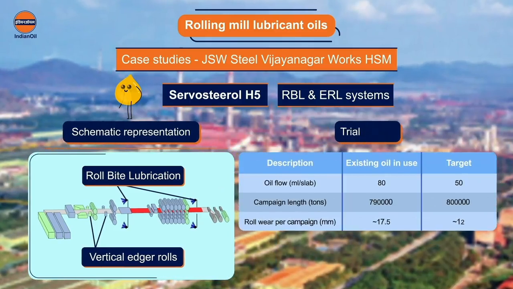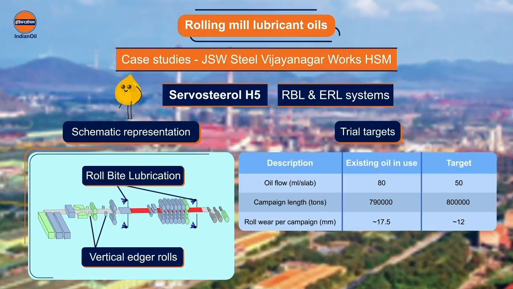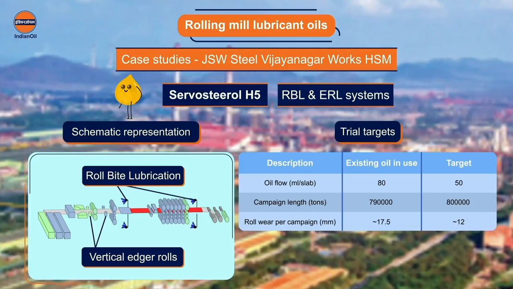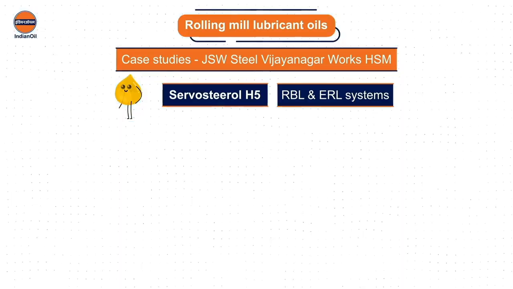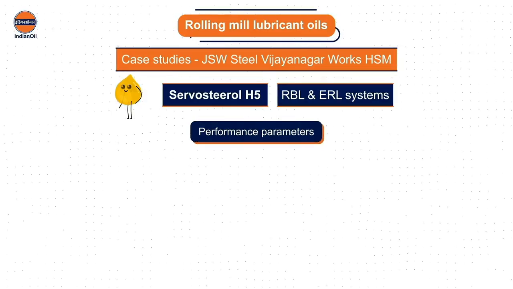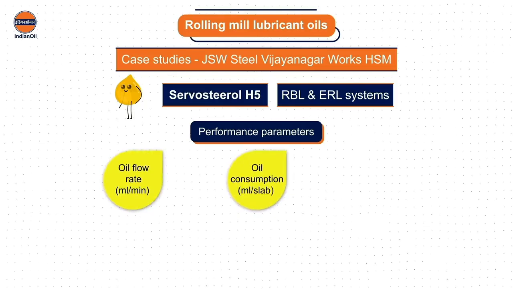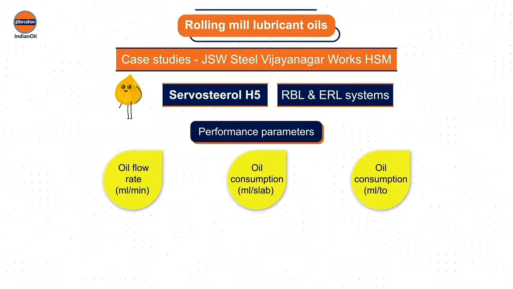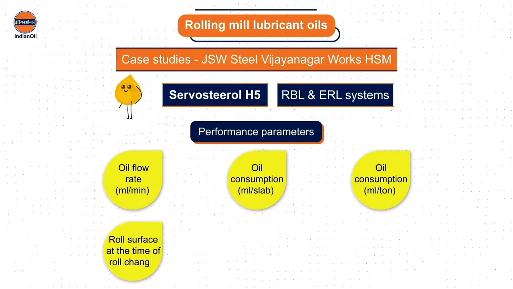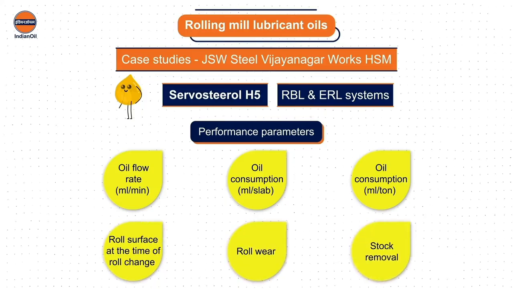The trial was conducted to target aspects of oil flow, campaign length, and roll wear per campaign. During the trial, the performance parameters that were measured include oil flow rate, oil consumption per slab, oil consumption per ton, roll surface at the time of roll change, roll wear, stock removal.